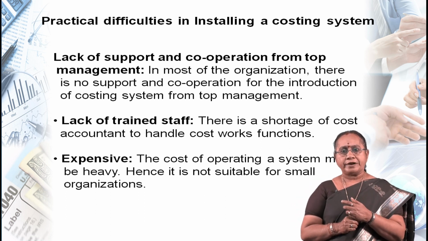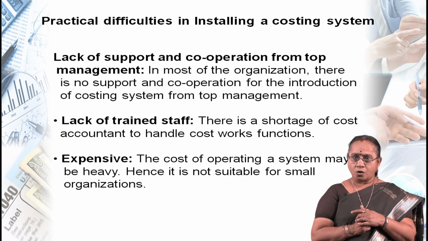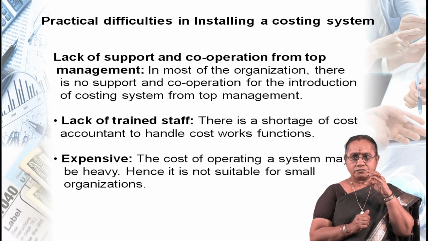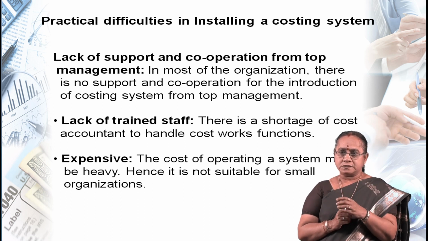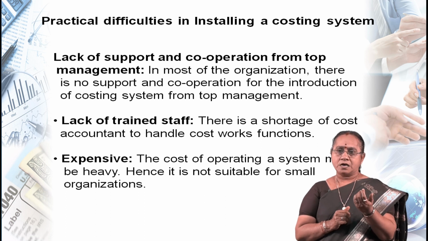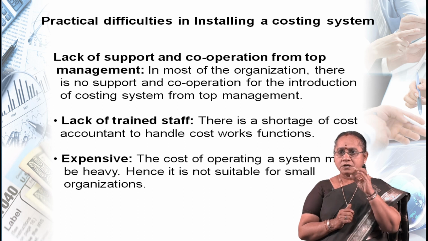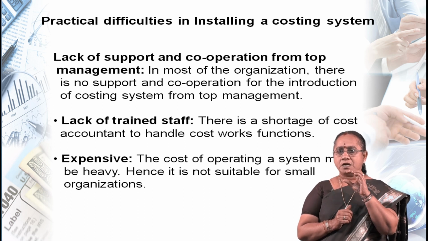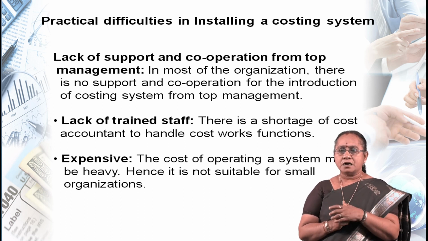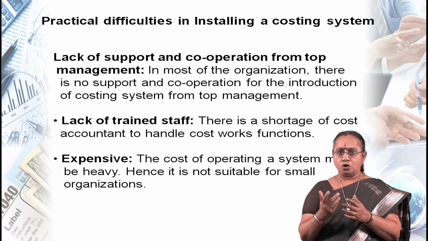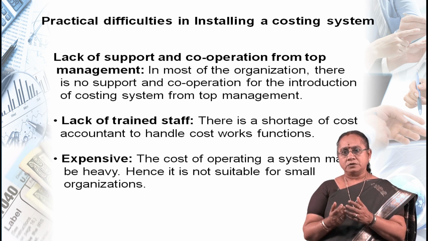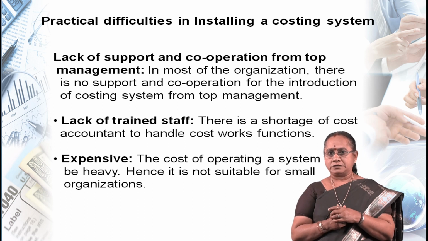Then lack of trained staff. The cost accountant who is handling the cost work, in the sense of collection of cost, recording, apportioning, absorption, whatever it is, may not be well trained, so his efficiency may also be affected.